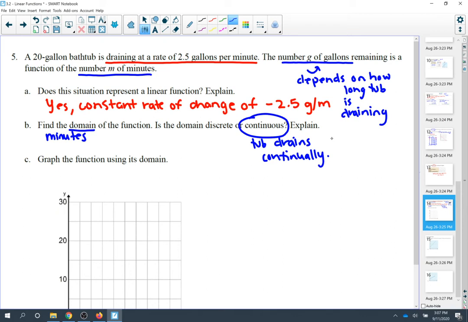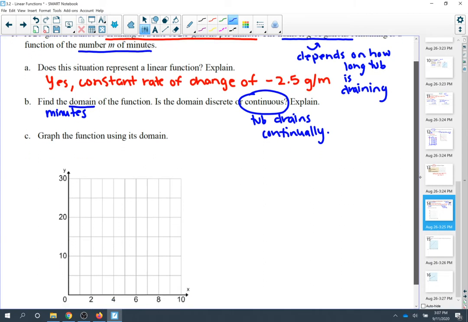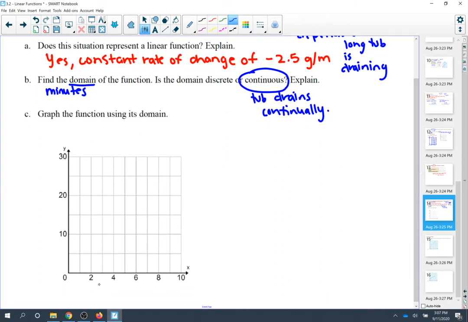Now, last but not least, and we're going to go back and revisit this domain a little bit more, it says graph the function using the domain. First of all, the domain we said was the number of minutes, so I'm going to put minutes here. The range is the number of gallons, so I'm going to put gallons here.